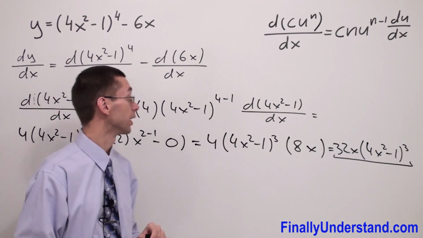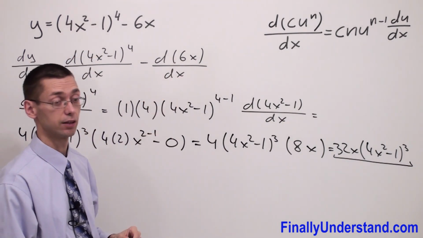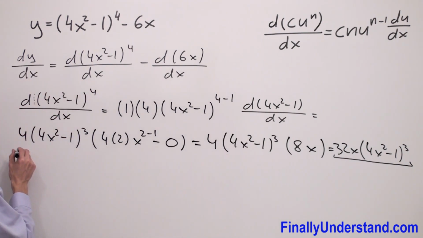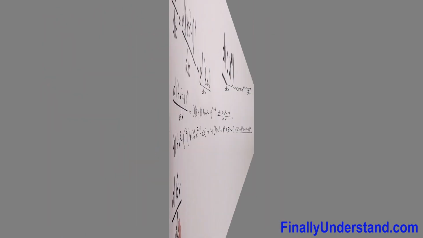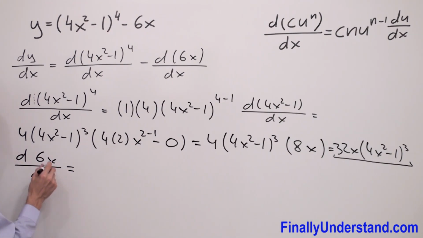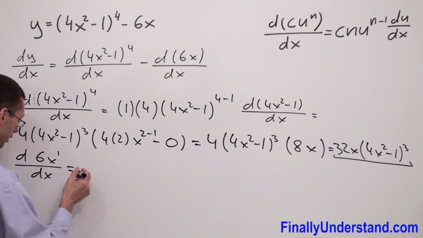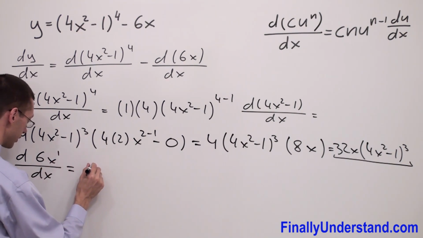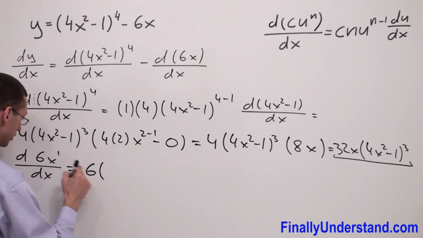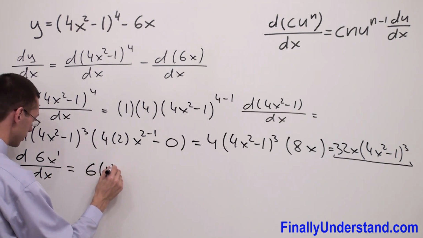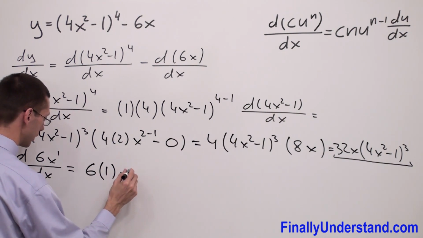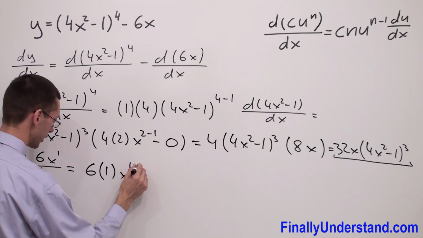Next, I'm supposed to find the derivative of 6x. So I have the derivative of 6x with respect to x. Remember, anytime there is no exponent, there is always an invisible one. So this is equal to the constant 6 times the exponent, x to the exponent minus 1.